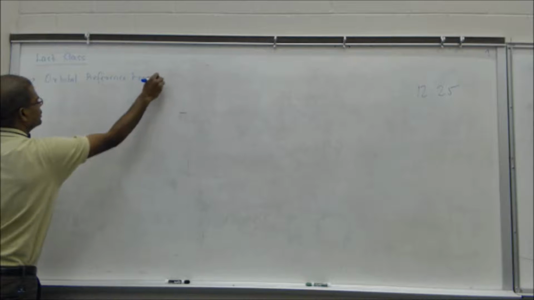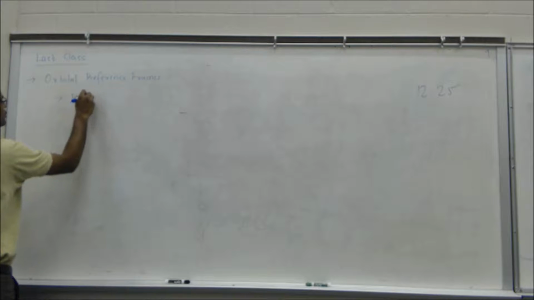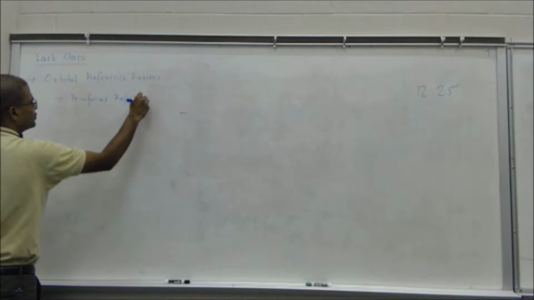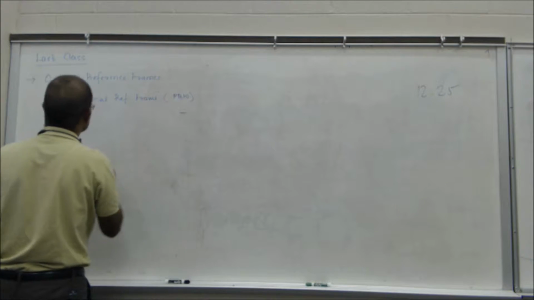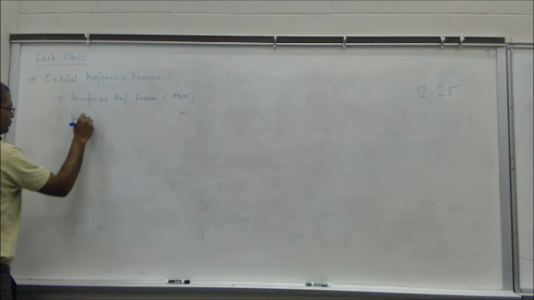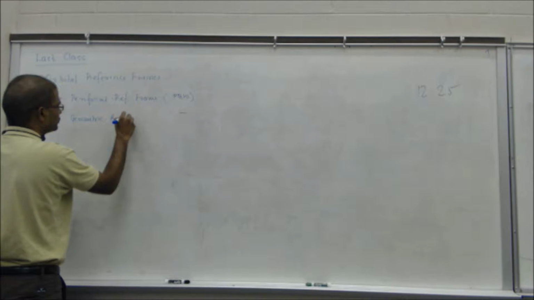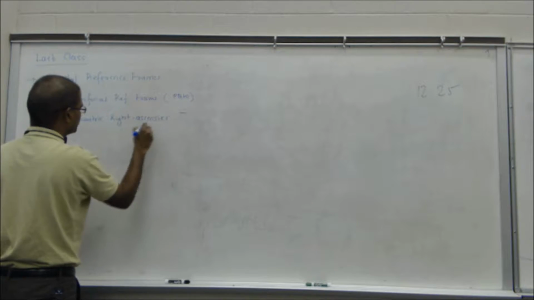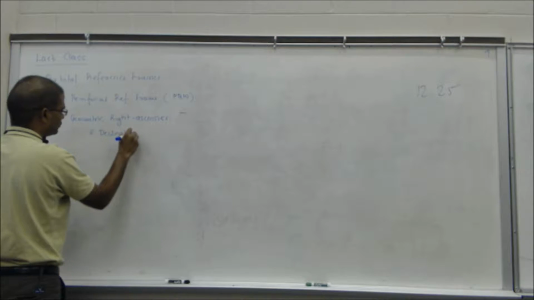And the different frames we have discussed until now, the first one was the perifocal reference frame, also called the PQW. Then we discussed the geocentric right ascension and declination frame.